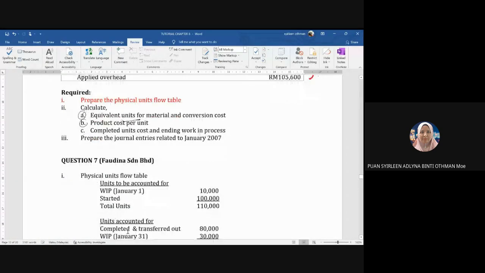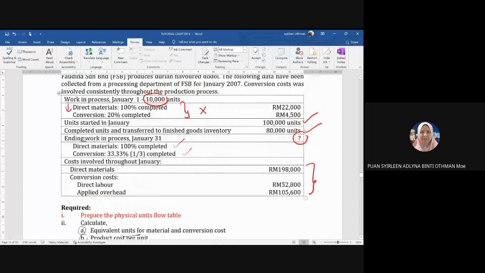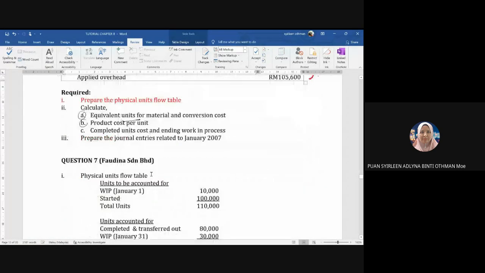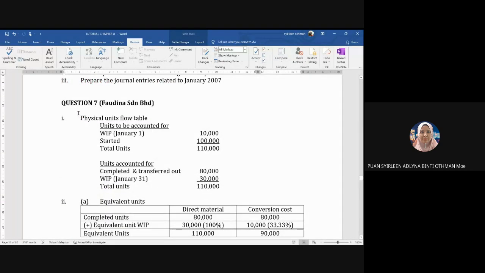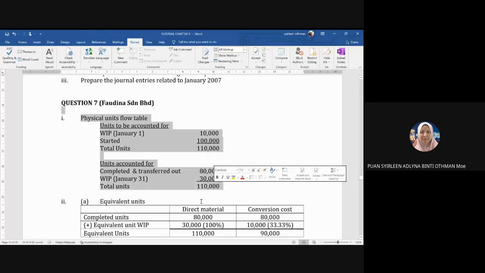Okay, so kita tak tahu ending WIP ni, tapi you ada started unit, lepas tu you ada completed unit. So you can use that information to calculate your ending WIP. Okay, so kita akan ambil physical flow tu lah, yang bahagian tepi tu dalam table tu.